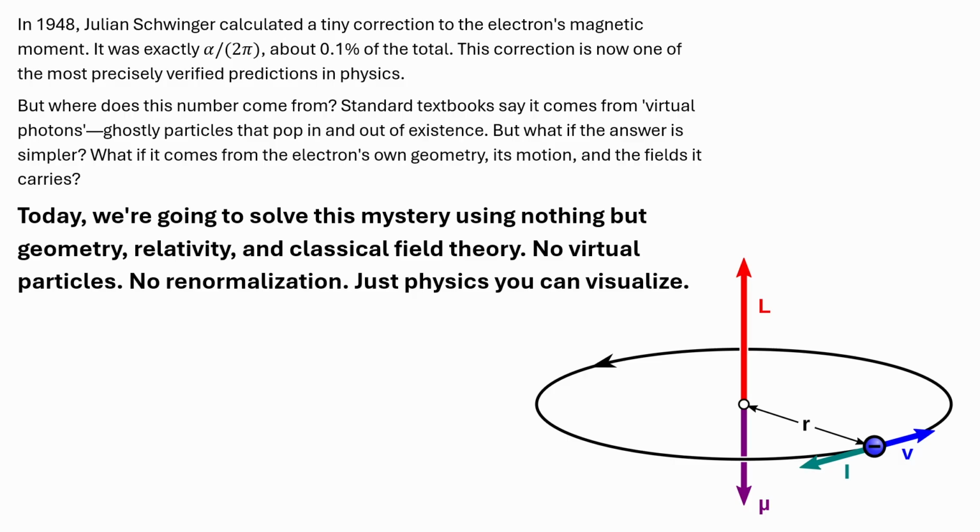And then you can see it has some angular momentum L and some magnetic moment. The opposite directions of the current I and the velocity are just because of the convention that a current is a current of positive charge. So if you have a negative charge, then it goes in the other direction.